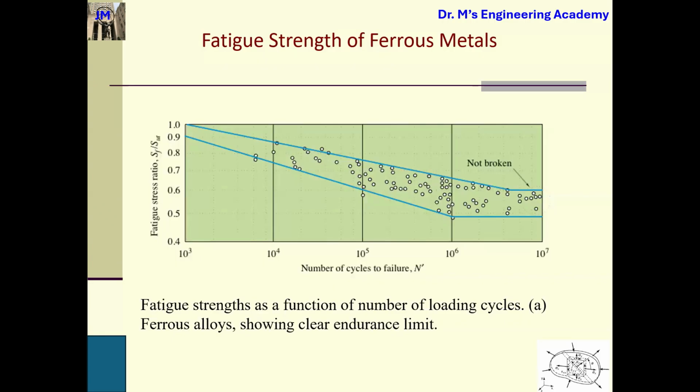BS is the slope of this straight line, and BS equals minus 1/3 log of SL prime divided by SE prime. Write it down. Minus 1/3 is the common law, make sure of that, guys.